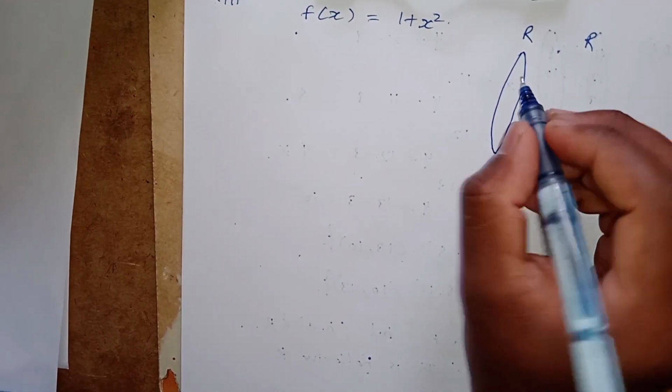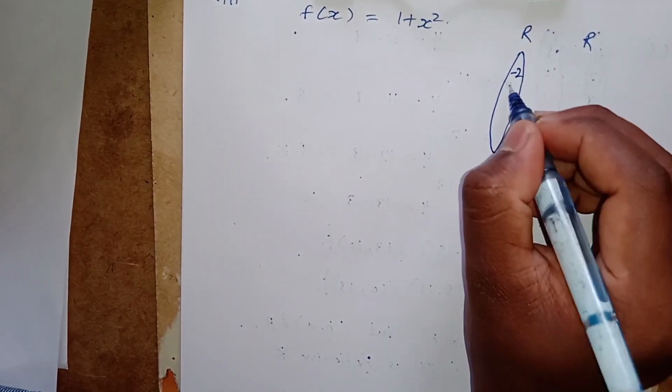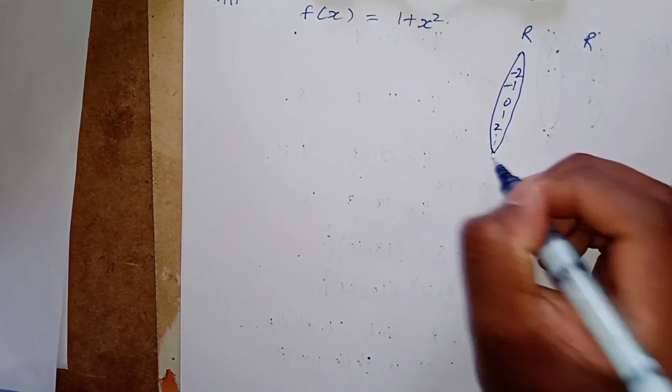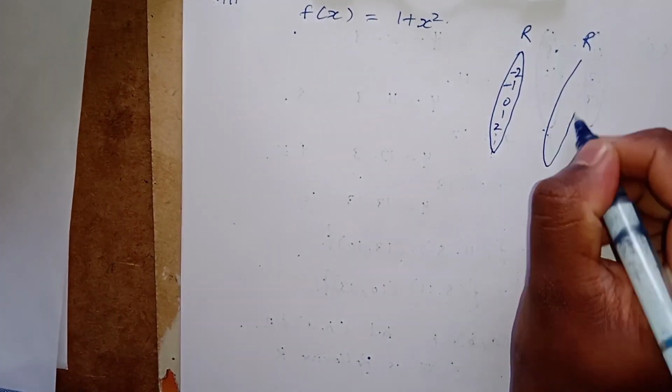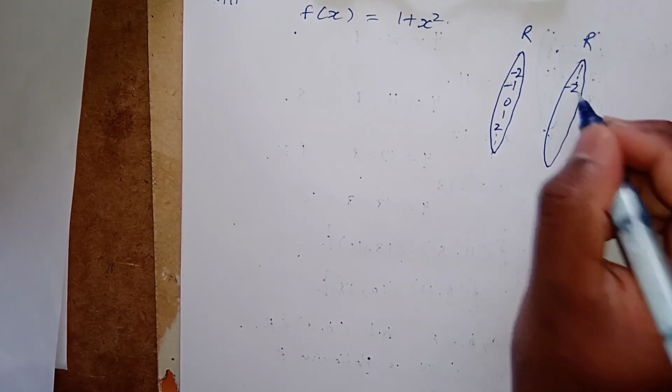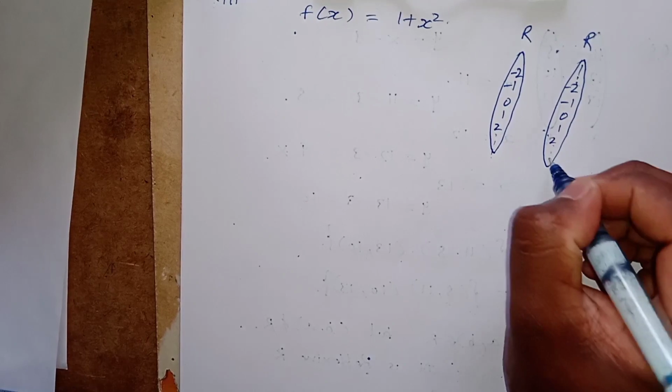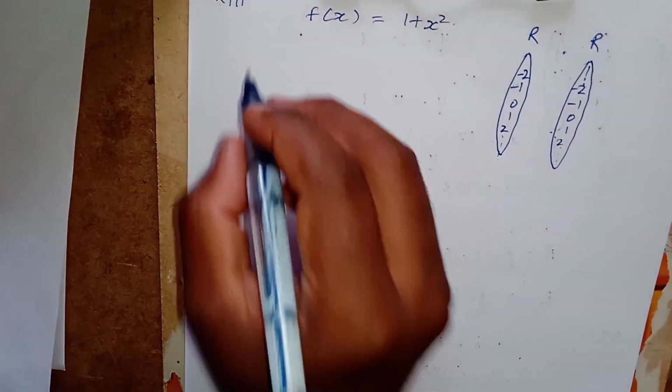I cannot take from that. I am taking minus 2, minus 1, 0, 1, 2 up to plus infinity. The same terms here: minus 2, minus 1, 0, 1, 2 up to plus infinity.